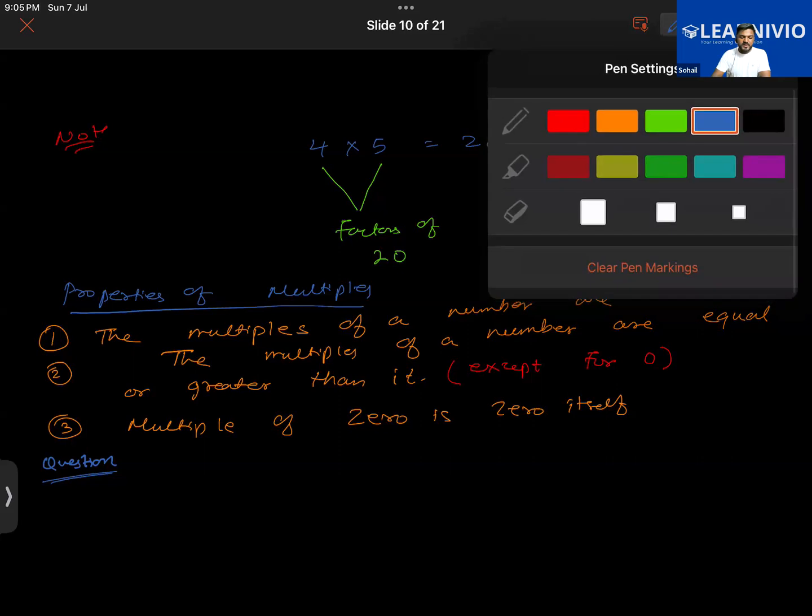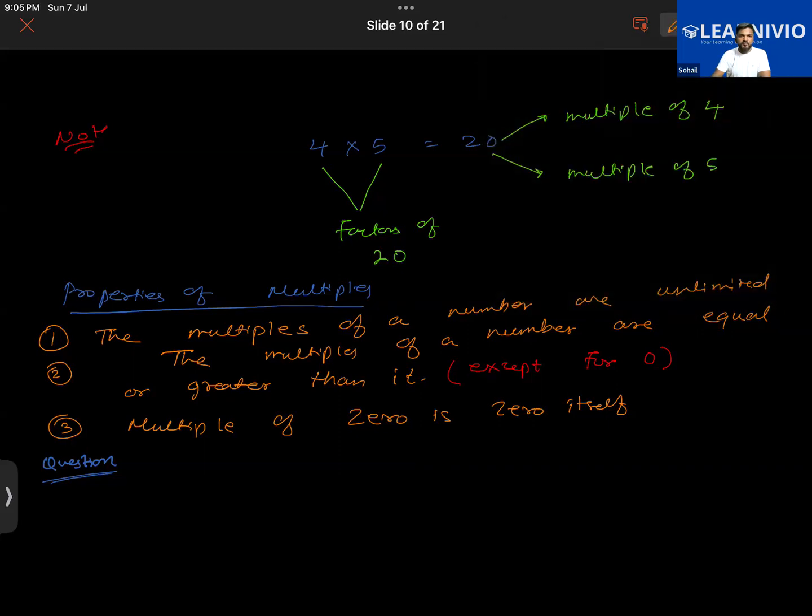Which is the smallest three-digit number? 111. No. 100 actually. It's the smallest three-digit number.